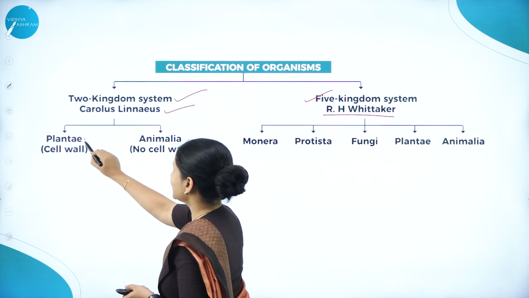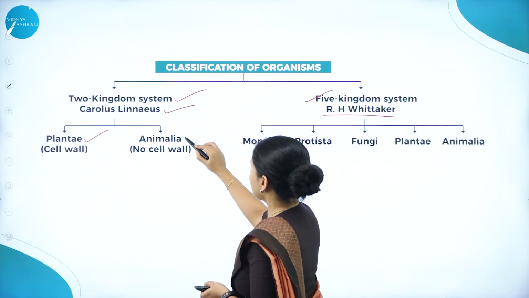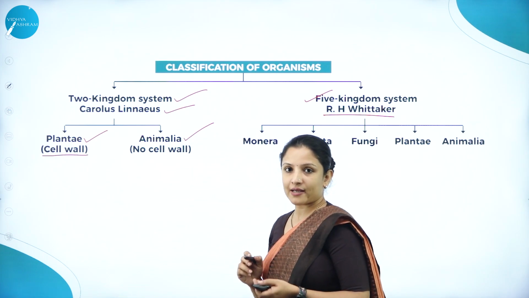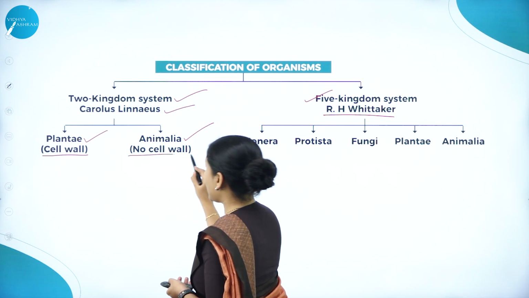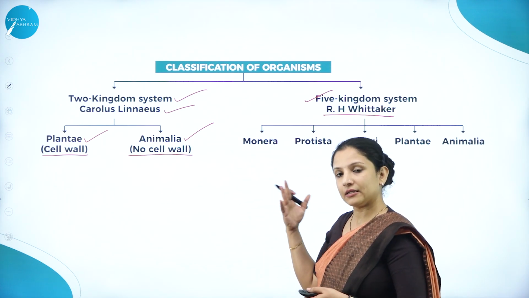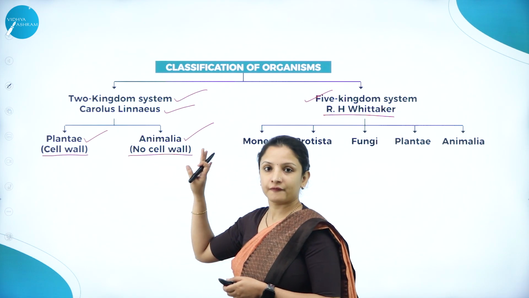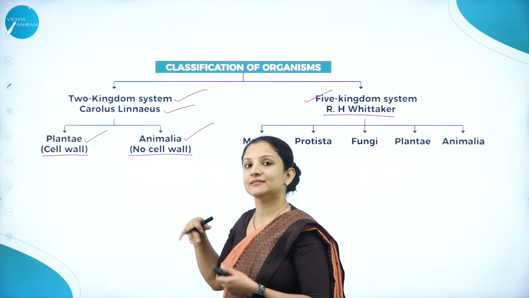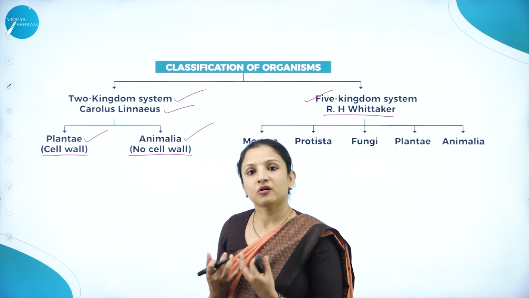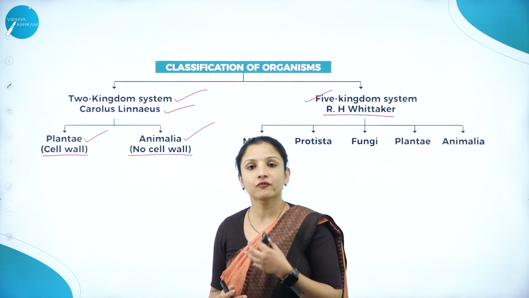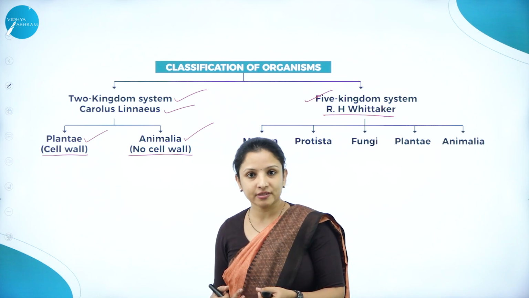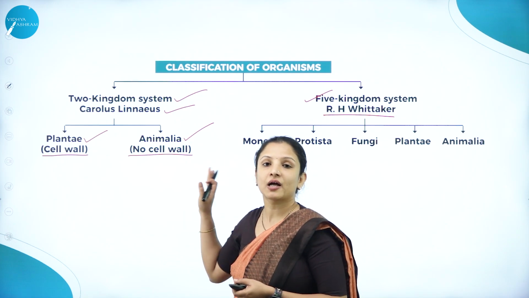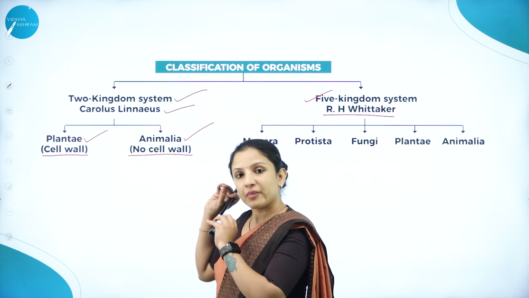So he classified them as kingdom Plantae, which has a cell wall, and kingdom Animalia, wherein those organisms which do not have a cell wall were placed. This system had various drawbacks because bacteria and protists are unicellular, so you can't put those unicellular organisms along with the multicellular organisms under kingdom Animalia. That was one of the major drawbacks.